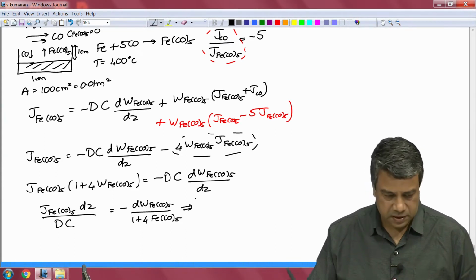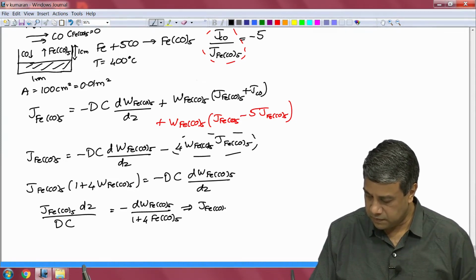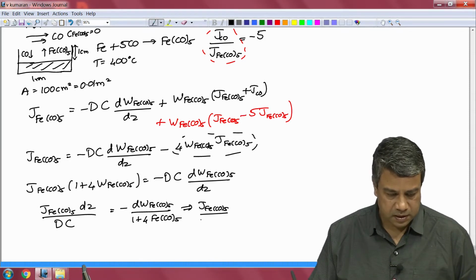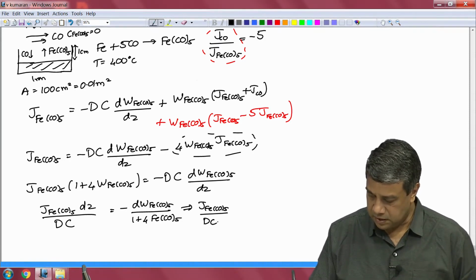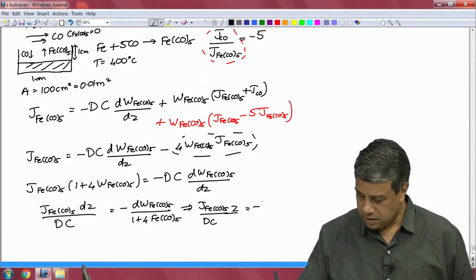Which implies that J FeCO5 by dC times z, integrating once, is equal to minus ln.